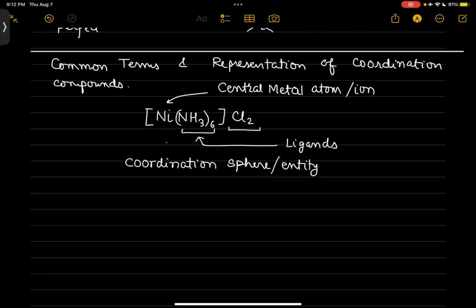The outside part is known as the ionization sphere. As the name indicates, it consists of ions which can ionize.